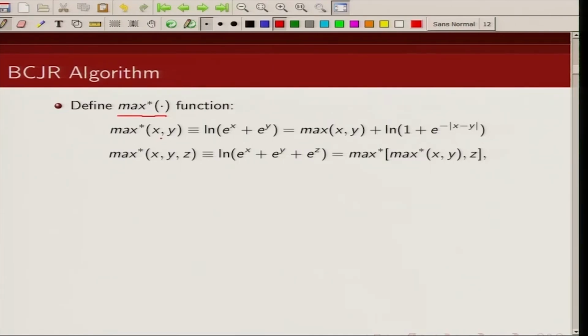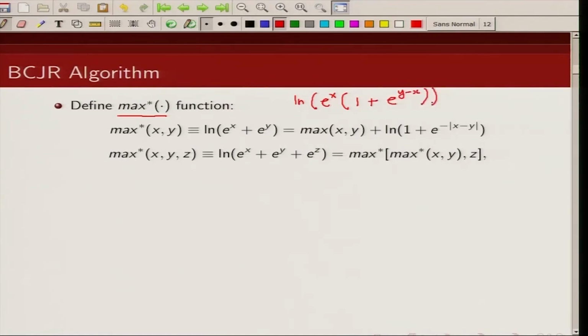Max star of x and y is basically defined as log of e to the power x plus e to the power y. This can be written as log of e to the power x times (1 plus e to the power y minus x).